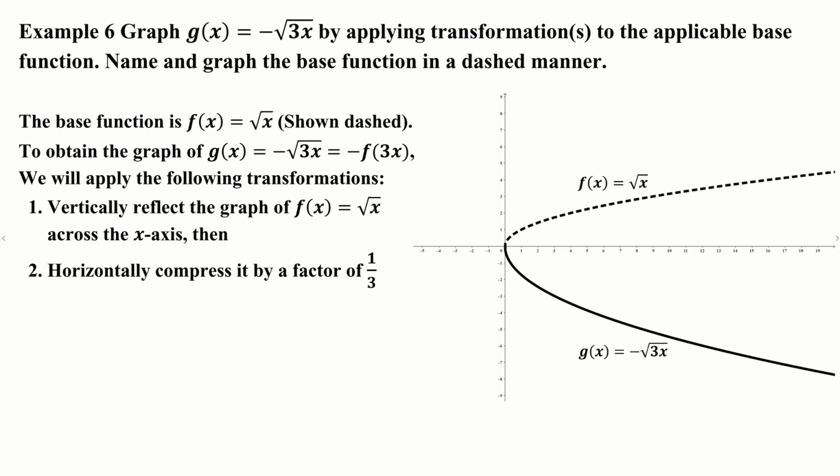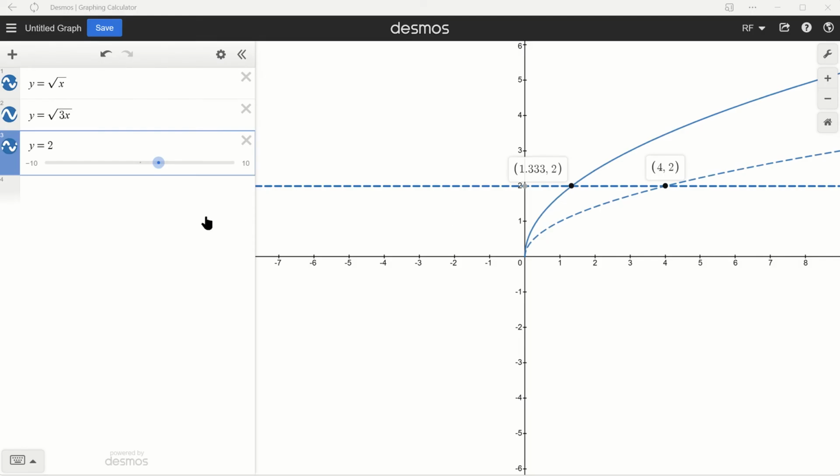Give me 1 second. All right, so notice here, I'm showing you the graph of y equals the positive square root of 3x. It's a little bit easier for you to see the horizontal compression with the positive case, because then the reflection is not a big deal. It's easy, you just reflect it.